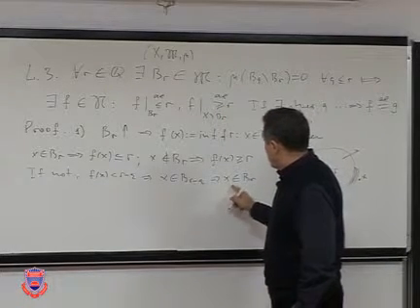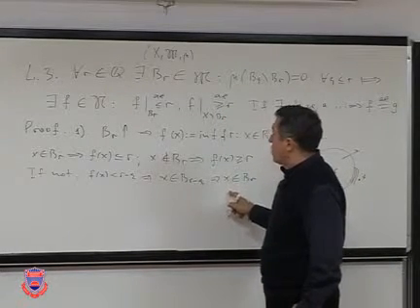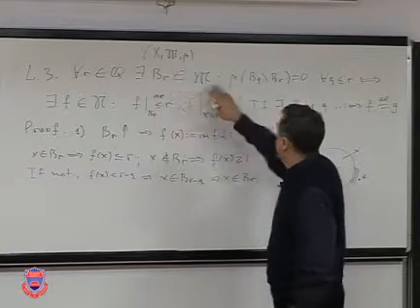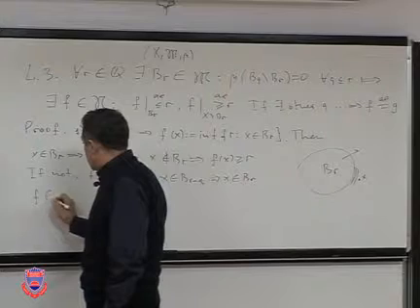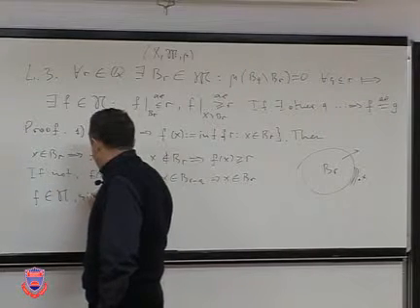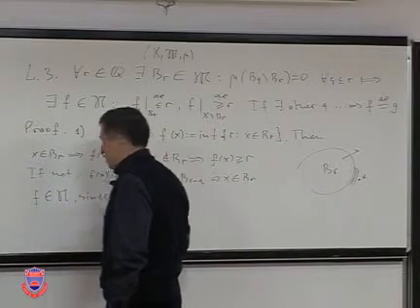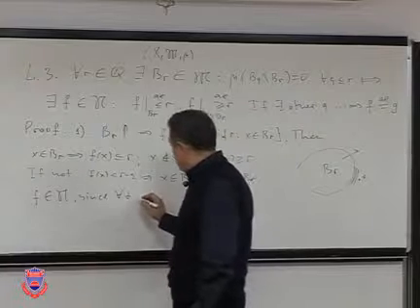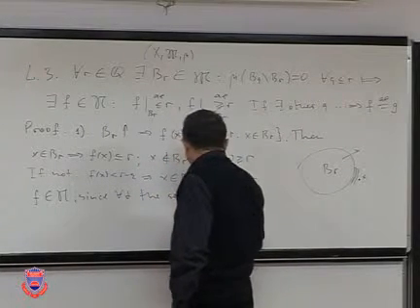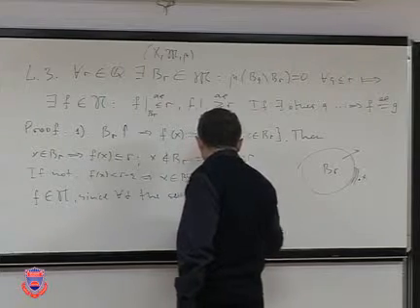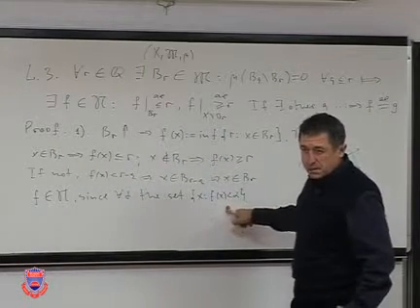Now look, of course, we need to check that the function is measurable, so we don't have this for free. What does it mean, measurable? The function is measurable means that for any alpha, rational or irrational, the set of x such that f of x is smaller than alpha is measurable.